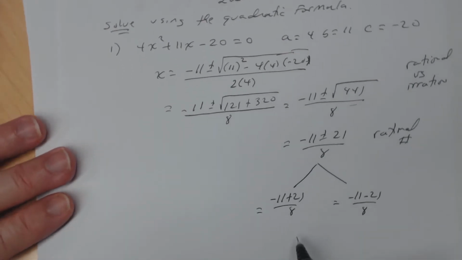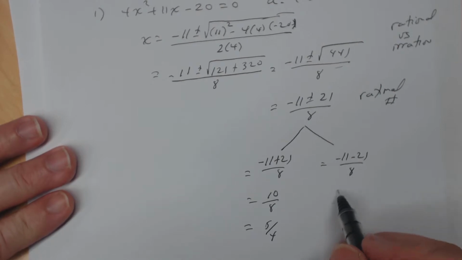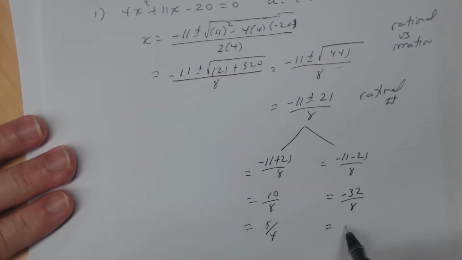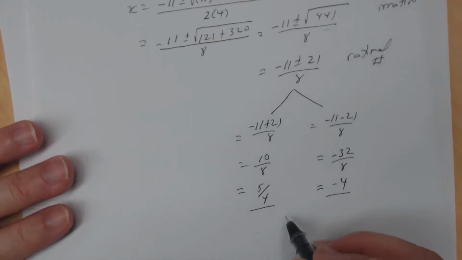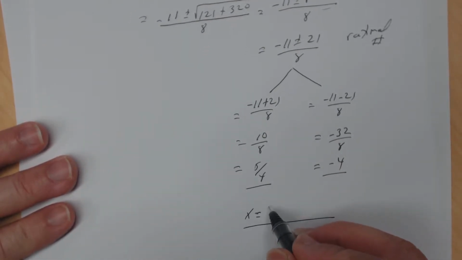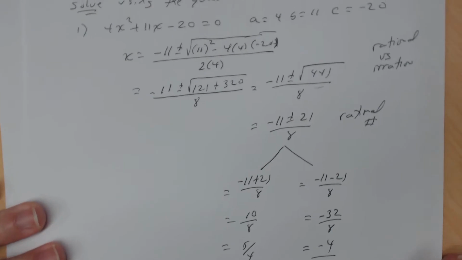Negative 11 plus 21 is a positive 10 over 8, which reduces to 5/4. Over here, that's going to be negative 32 over 8. Don't leave it as negative 32 over 8, because you know that's exactly negative 4. So there are your solutions: x equals 5/4, comma, x equals negative 4.